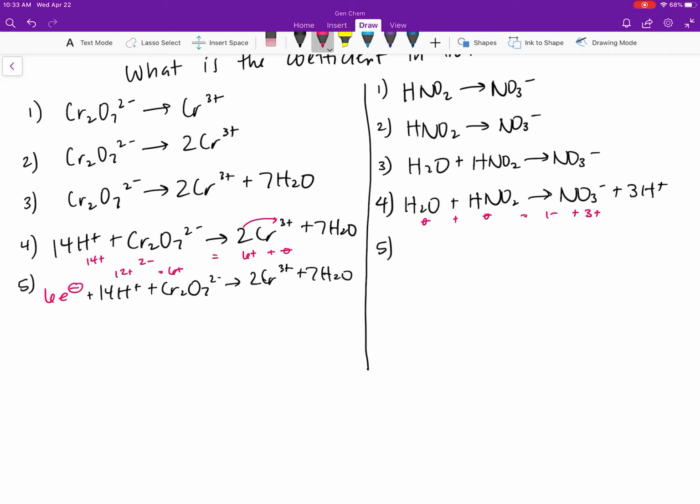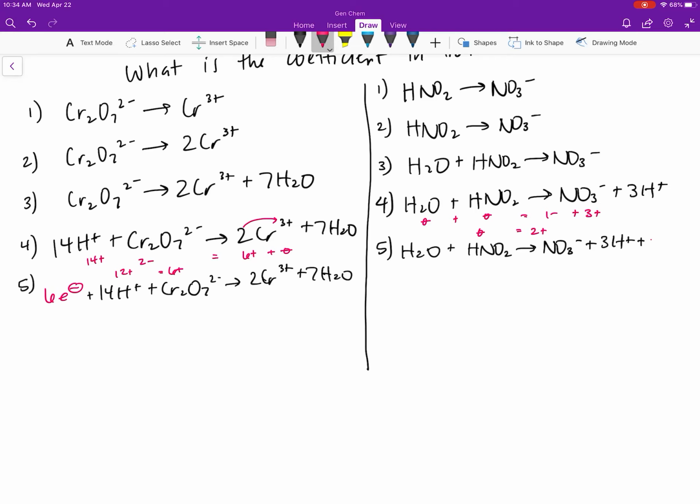All right, so what you should see is you need to add 2 electrons to the right-hand side of this equation to make it equal the 0 charge on the left-hand side. So add 2 electrons.